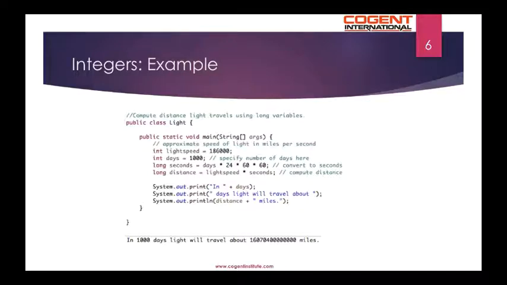Similarly, distance is of type long, which contains the value of light speed multiplied by seconds, which again produces a value beyond the range of an int type. So this program produces output as shown below. In 1000 days, light will travel about 160,704,000,000,000 miles. So a pretty big number that is beyond the range of int.